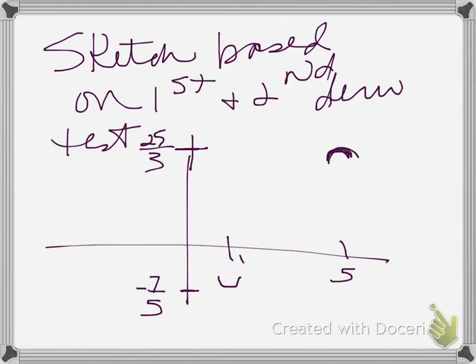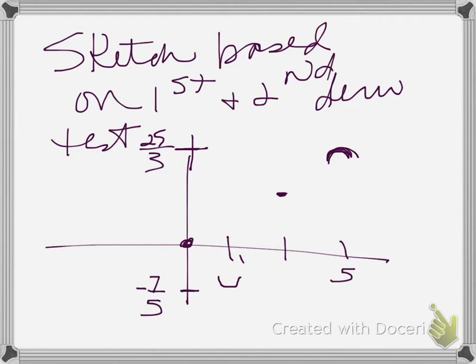I also know that looking at my original function, where x is 0, y is 0, so it's going to go through the origin. I also know that I have an inflection point at about 3, 3. So let's change our color.